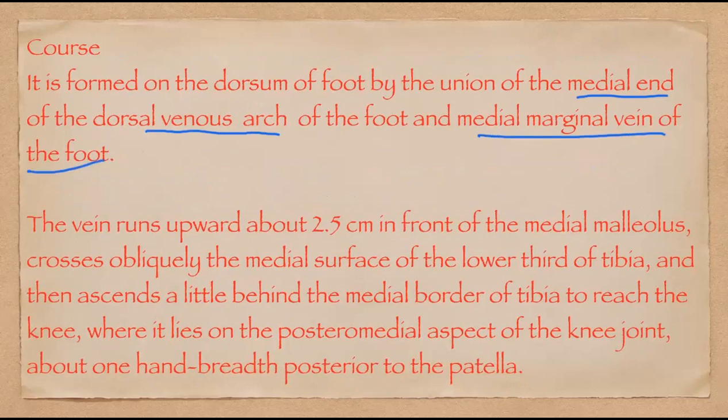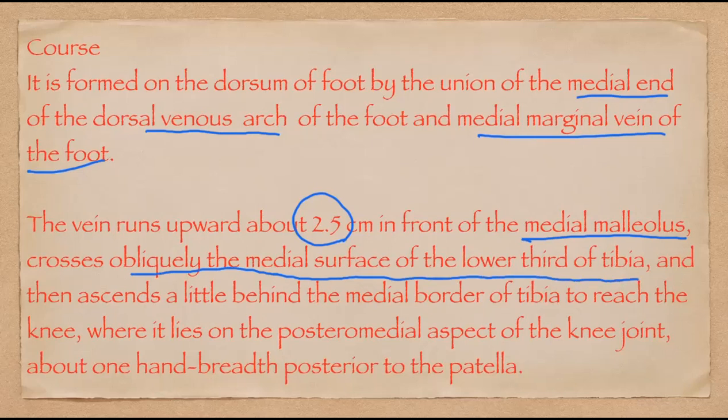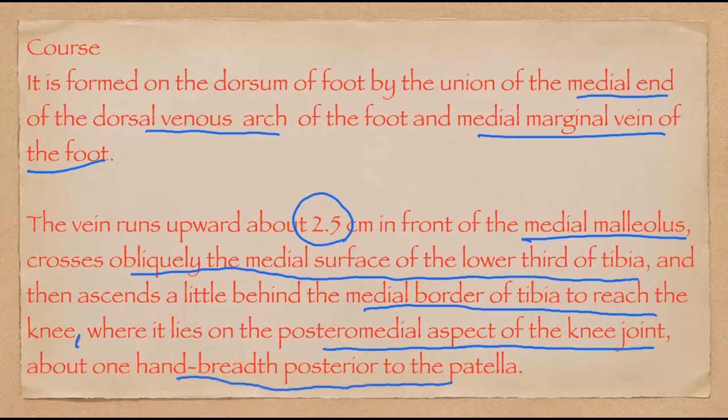The vein runs upwards about 2.5 centimeters in front of the medial malleolus, crosses obliquely the medial surface of the lower third of the tibia, and then ascends a little behind the medial border of the tibia to reach the knee, where it lies on the posteromedial aspect of the knee joint, about one hand breadth posterior to the patella. You all know this point.